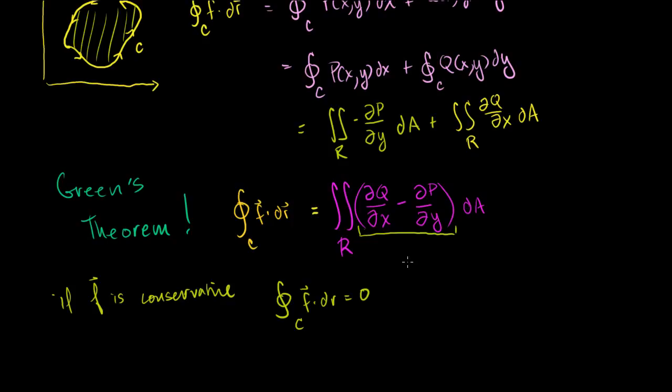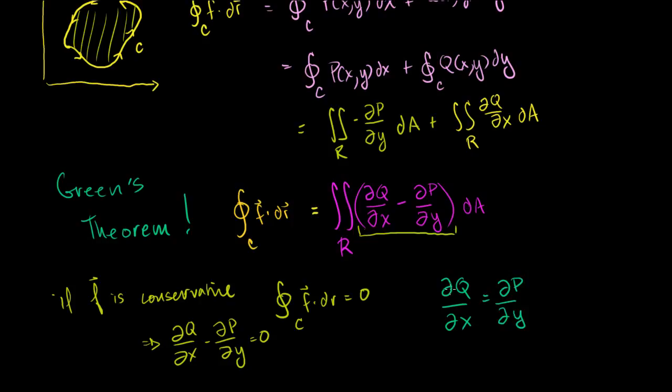That's the only way that you're always going to enforce that this whole integral is equal to 0 over any region. I mean, you could think of situations where they cancel each other out, but really over any region, that's the only way this is going to be true. So then the partial of Q with respect to x minus the partial of P with respect to y has to be equal to 0, or these two things have to equal each other. This is kind of a corollary to Green's theorem, kind of a low-hanging fruit you could have figured out: the partial of Q with respect to x is equal to the partial of P with respect to y.